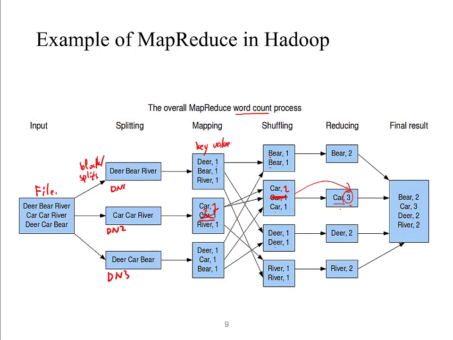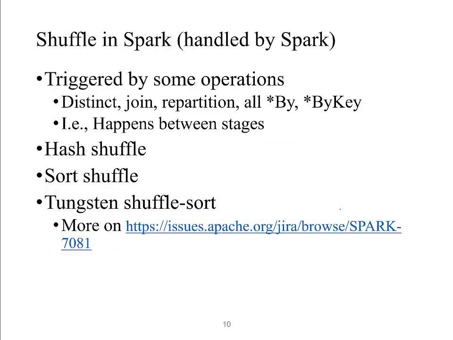But definitely they can, and if the reducer and the mapper are on the same machine, then hopefully the data transfer from mapper to reducer would be faster, because there would be no data transfer through a network. So that's pretty much for MapReduce in Hadoop.